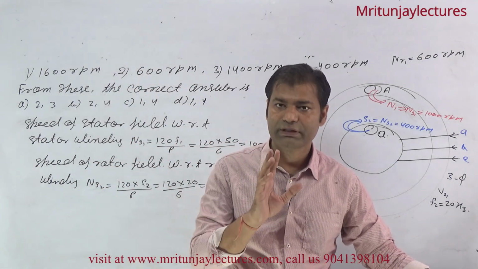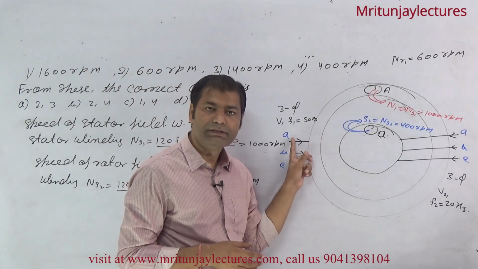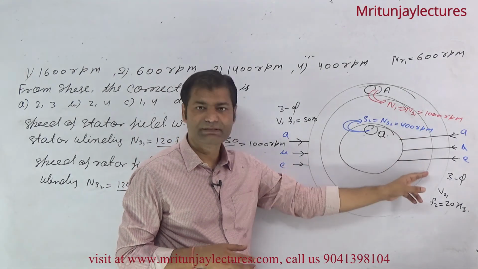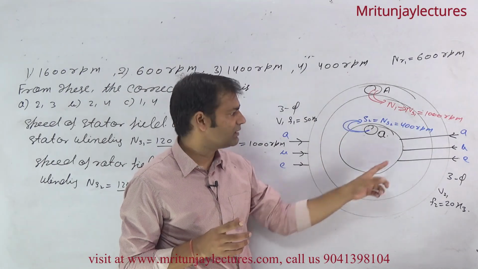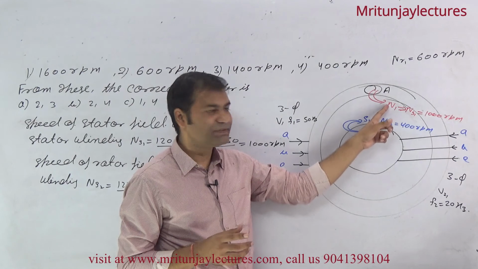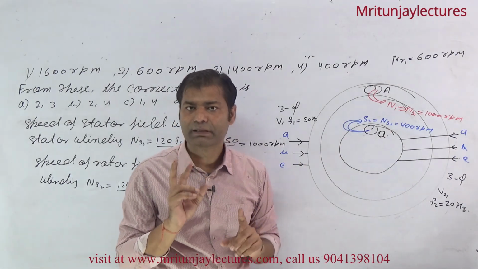So there are two possibilities. If the stator supply is ABC and the rotor is ACB, then the rotor field with respect to the rotor winding rotates in the opposite direction of the stator field. Clear? That's why there are two possibilities.